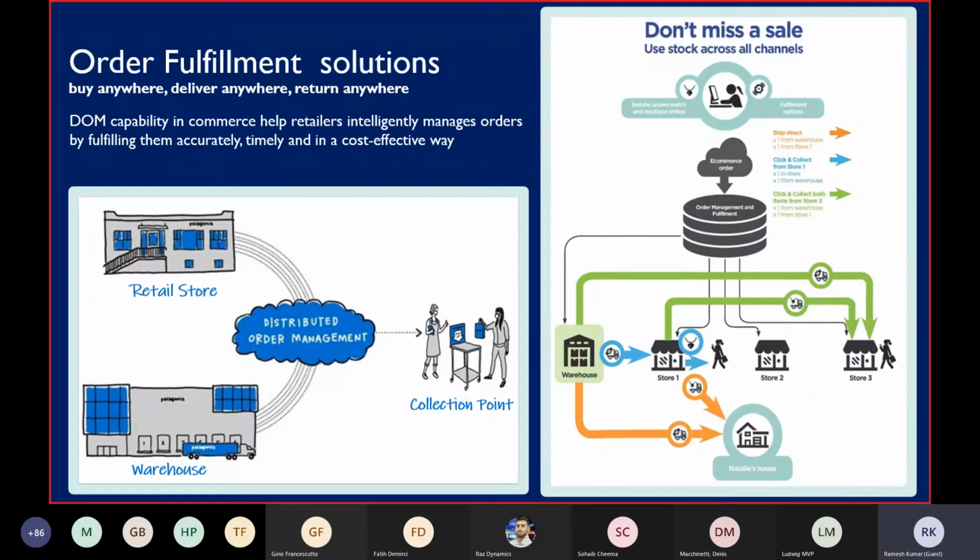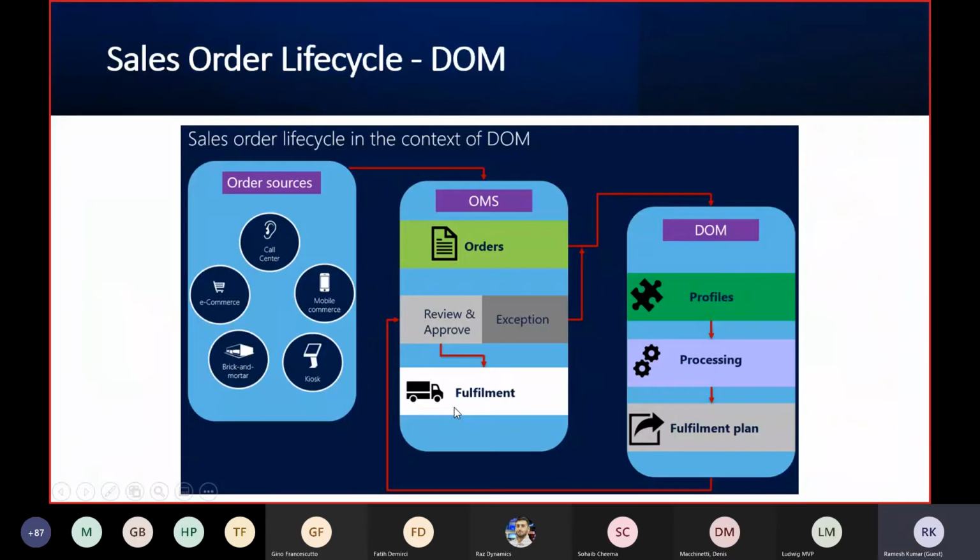So with distributed order management and the fulfillment solutions, we can give the customer options: buy anywhere, deliver anywhere, and return anywhere. This capability in commerce helps retailers intelligently manage orders by fulfilling them accurately, timely, and in a cost-effective way.